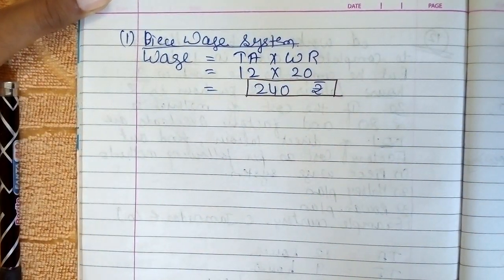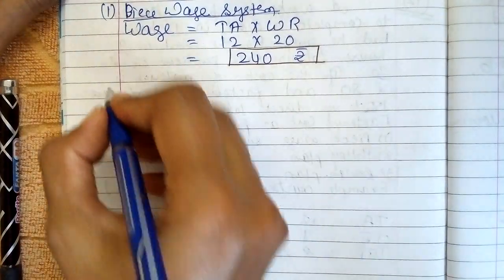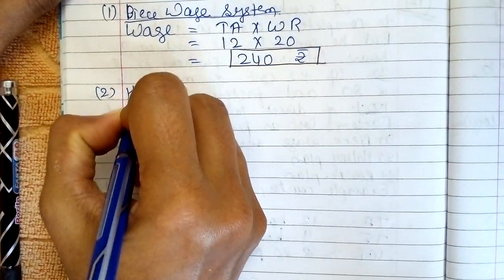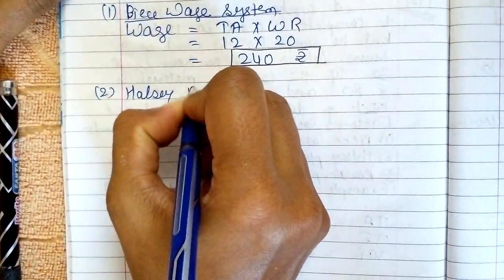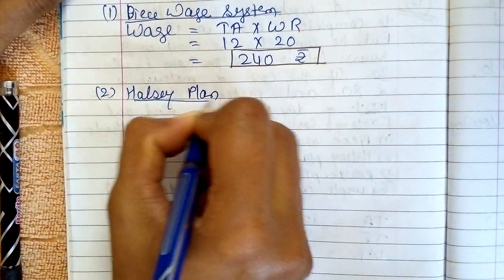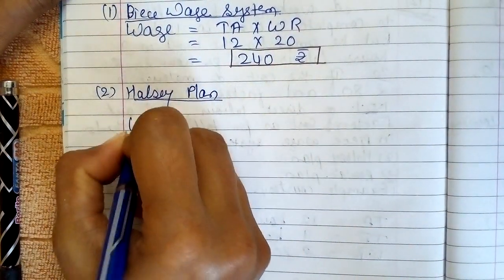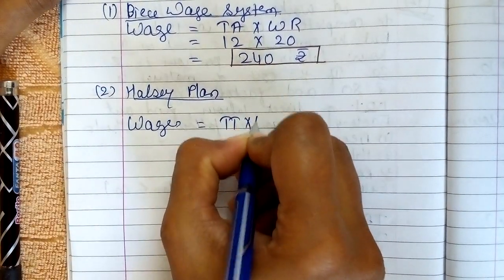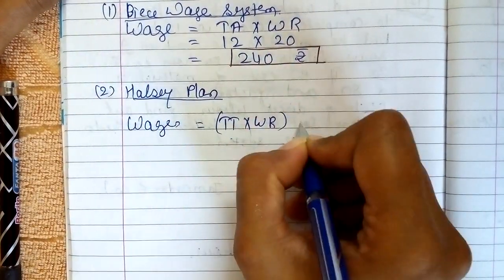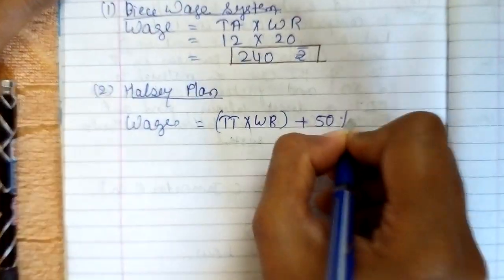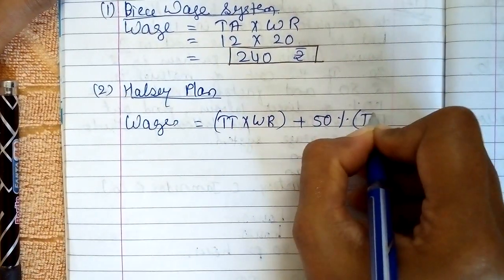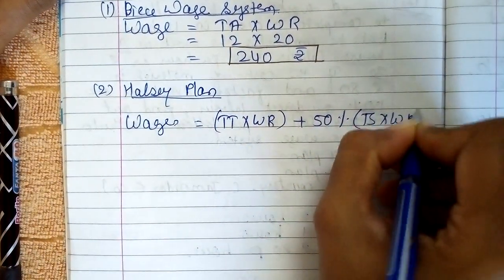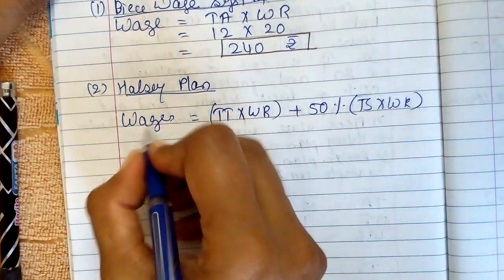Next, for Halsey plan, let us write down the formula first. Wages equals time taken into wage rate, I am writing down the formula in short form, plus 50% of time saved into wage rate, right?